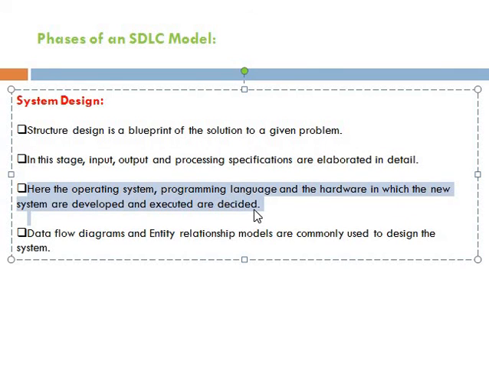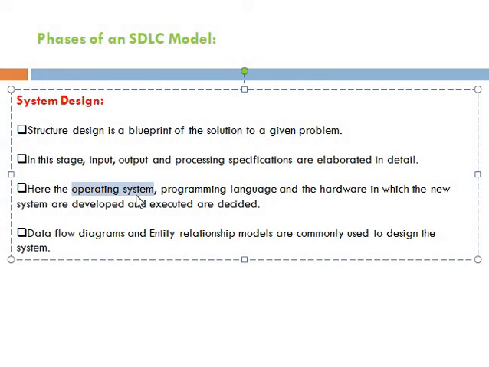Here the operating system, the programming language, and the hardware in which the new system are developed and executed are decided. So obviously, whenever you design and develop a software application, that software application has to run on a particular platform. The operating system on which that particular software application should run is decided.